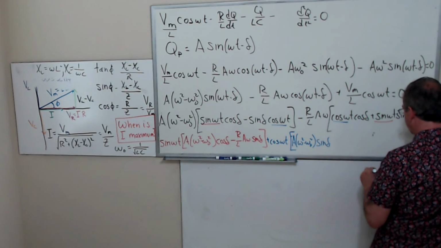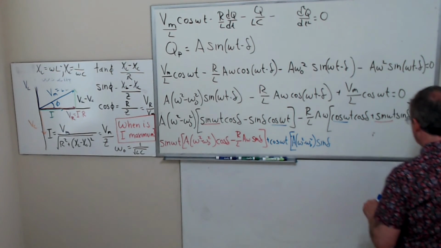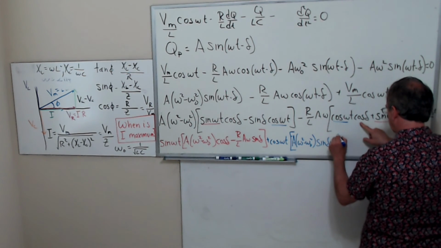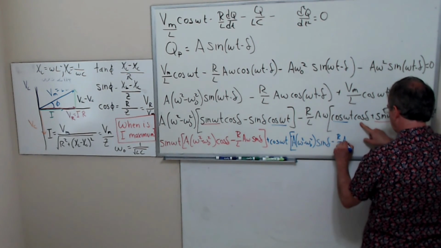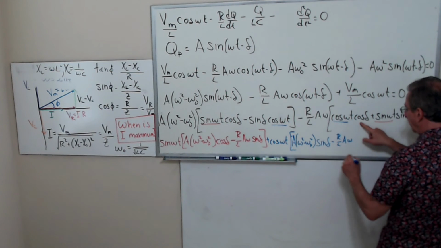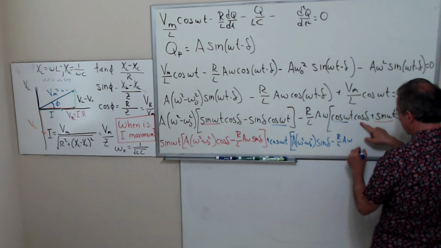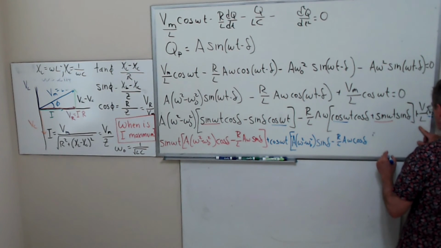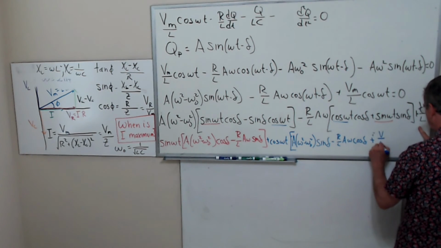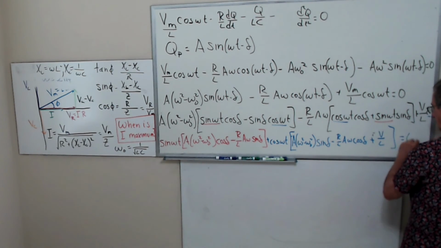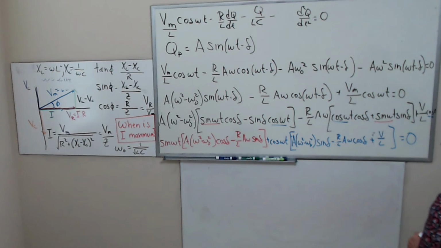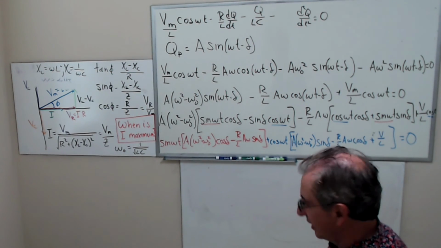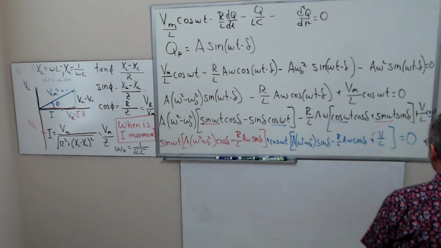So this is going to give me, then I have, what do I have here? I have this one. I probably should have pulled out an A from everything to make things a little bit easier. Okay.